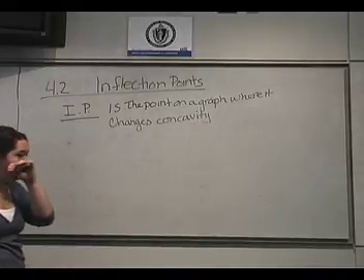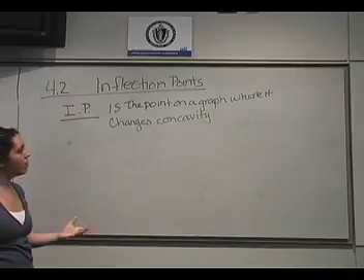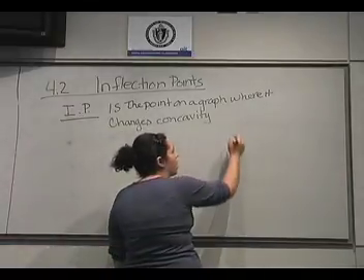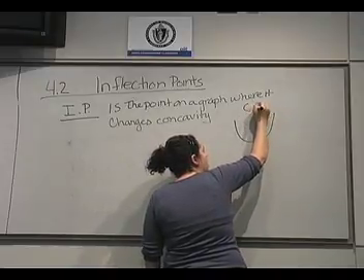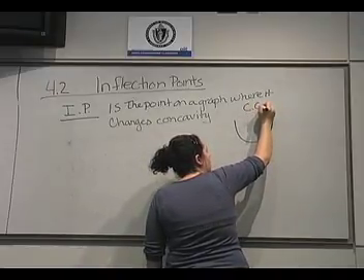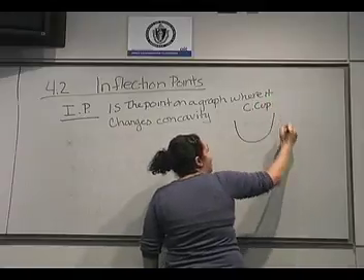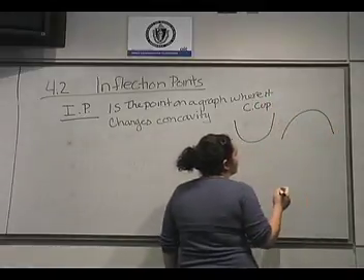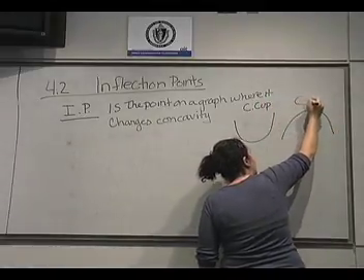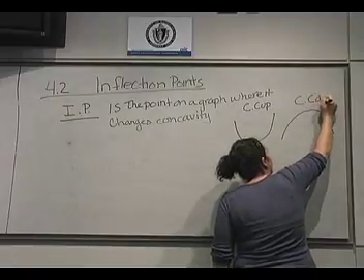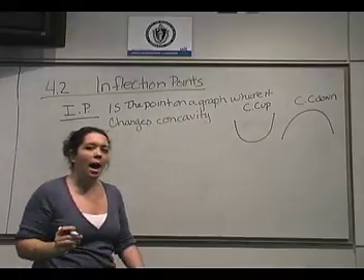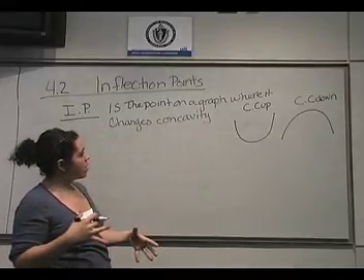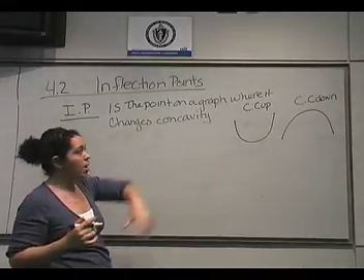Okay, so we've talked a little bit about concavity before, but just as a reminder, a graph that is concave up looks like a cup. Concave up. And where it's down, we call it concave down. We've also talked about how the sign of the second derivative is related to the shape of the graph.